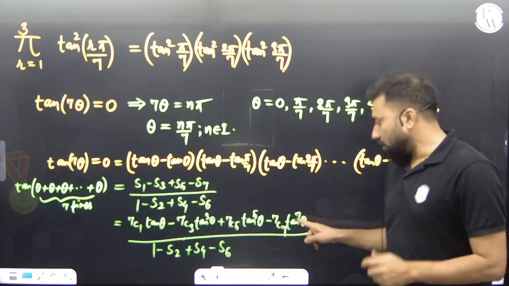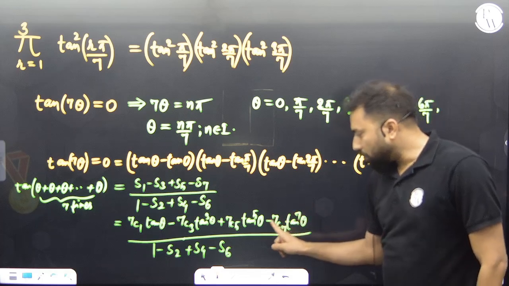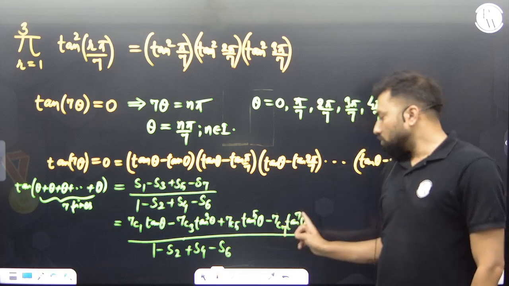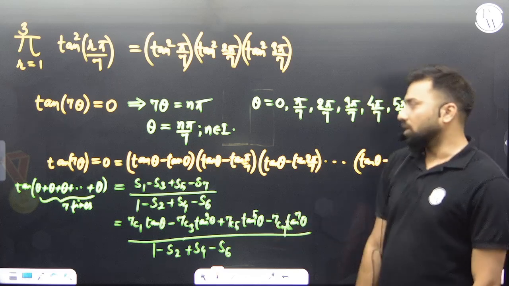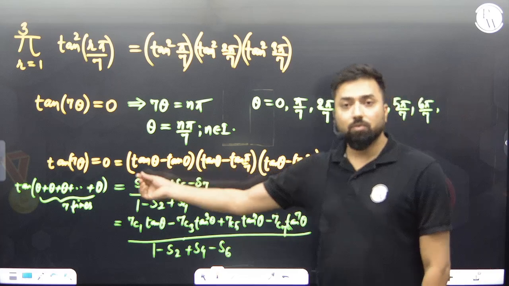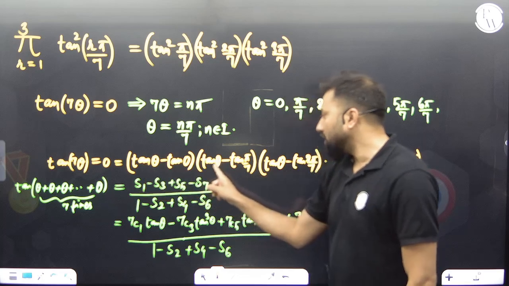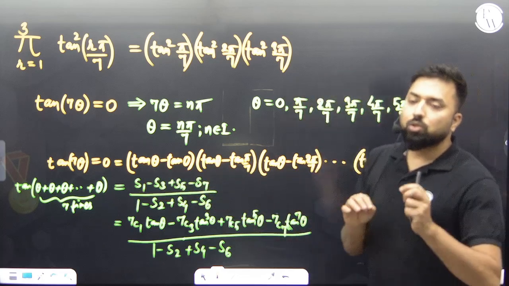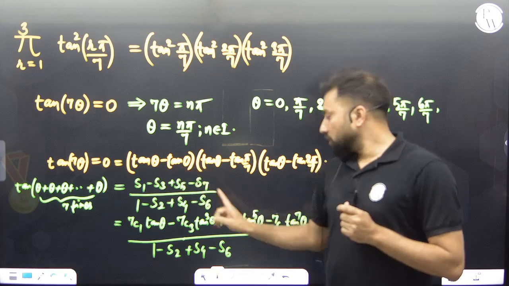The coefficient of tan raised to the power 7 theta is minus of 7C7. 7C7 is 1. So the coefficient of tan raised to the power 7 theta is minus 1 here. Here if I check the coefficient of tan raised to the power 7 theta, tan theta into tan theta into tan theta gets multiplied 7 times. So tan raised to the power 7 theta has the coefficient plus 1. Here it is minus 1.